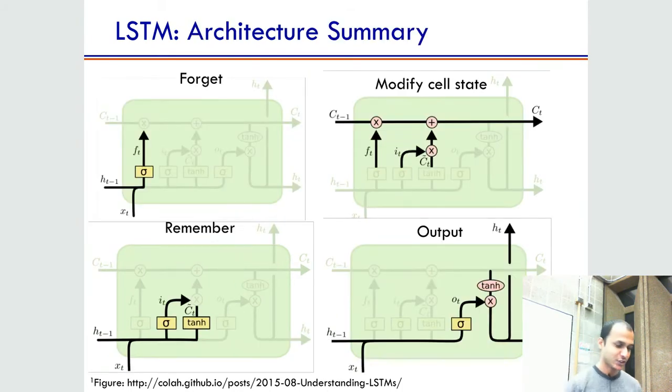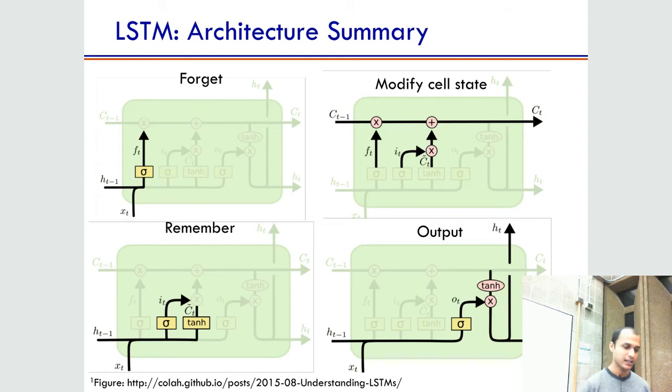I think the next slide shows the different parts highlighted and other parts shaded out. So forget and add essentially modify the cell state, and output is just the creation of the output.